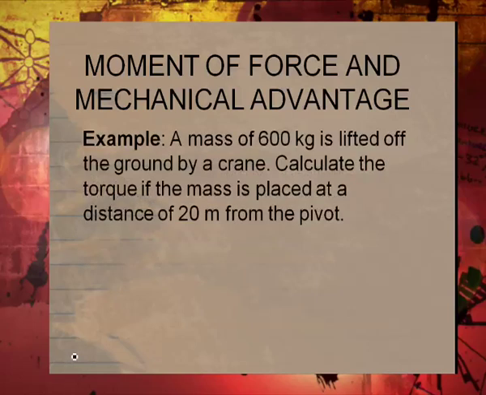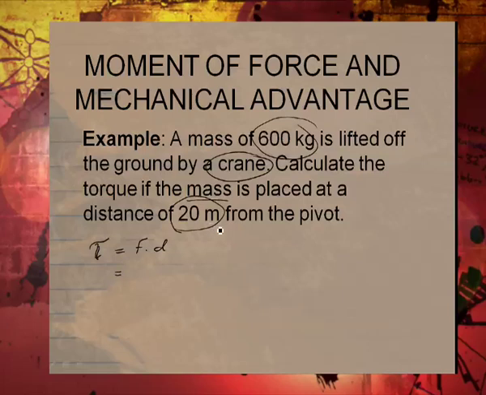Let's look at this example here. A mass of 600 kilograms is lifted off the ground by a crane. Calculate the torque if the mass is placed at a distance of 20 meters from the pivot. So torque, this funny T is torque, it's F times d.